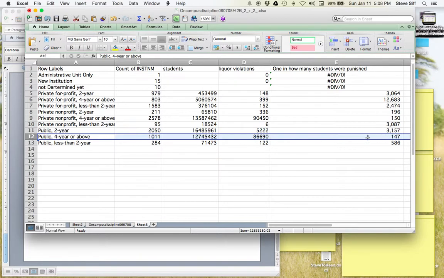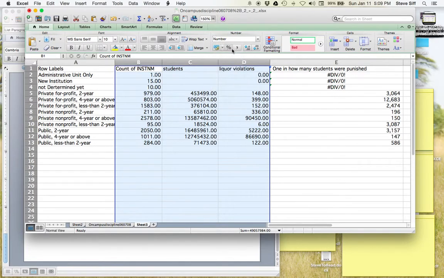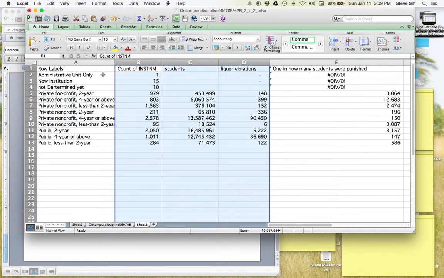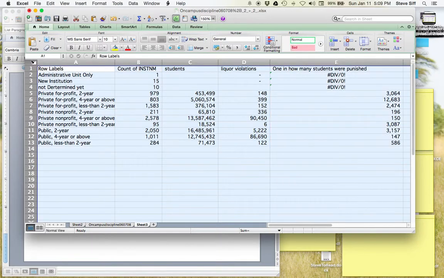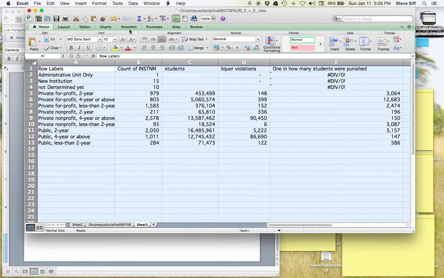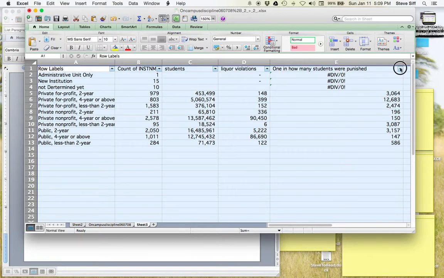Nationwide, of the, I don't know, I put the commas in there, the millions of students, you know what? Let's even sort this to make this easier for us to look at. I'm going to highlight data, filter, right?